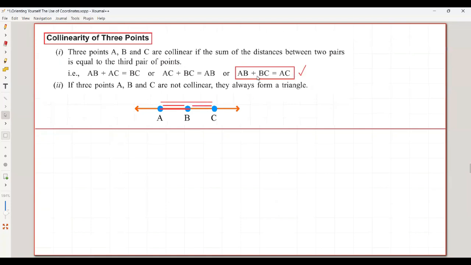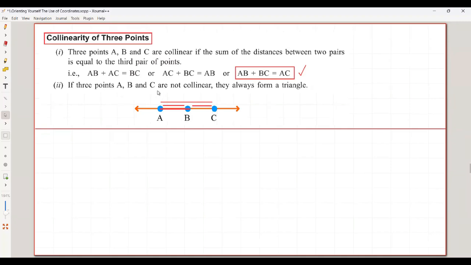So we are going to check this condition: AB plus BC should be equal to the distance AC. If this condition is satisfied, we can say the 3 points are lying on the same straight line.